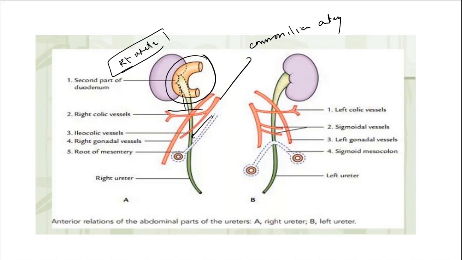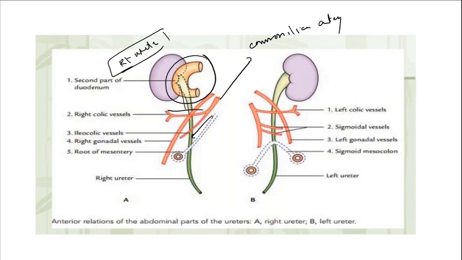You can keep it for the end. Review it before you go for the exam, because they will most likely, definitely, ask you a question on the relationship of ureter. If you know the anatomy, then you can remember the relationship. If you don't have any image in your mind, you will forget it.